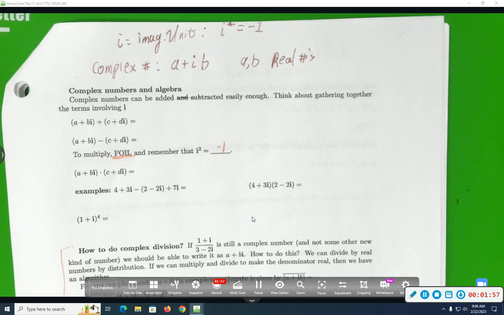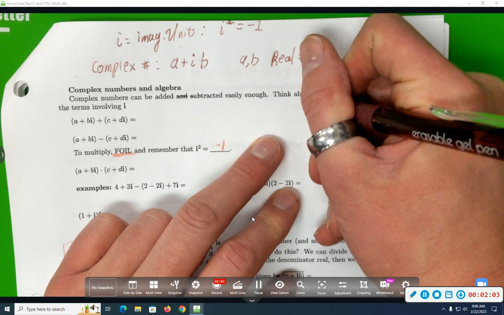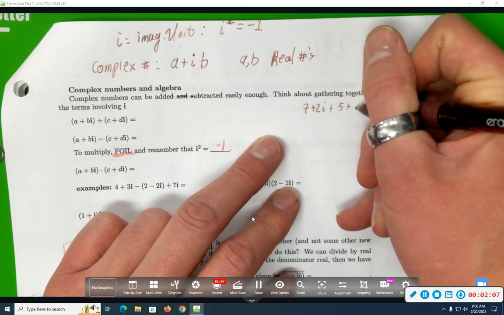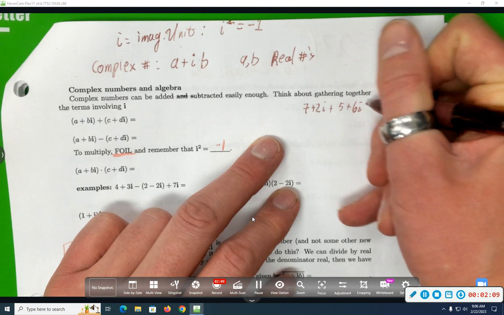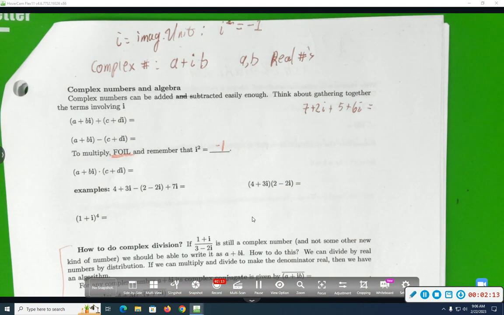And addition is easy enough. Let's do addition first. I think it's easiest to do it by just convincing you already know what it should be. 7 plus 2i plus 5 plus 6i. What would you want that result of addition to be? Or how would you want to get it?